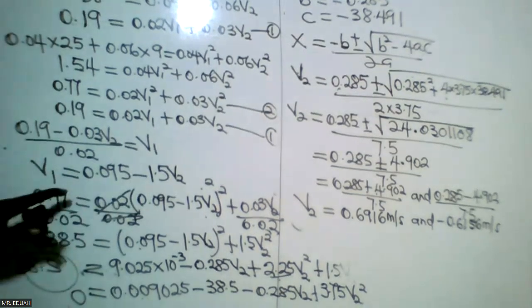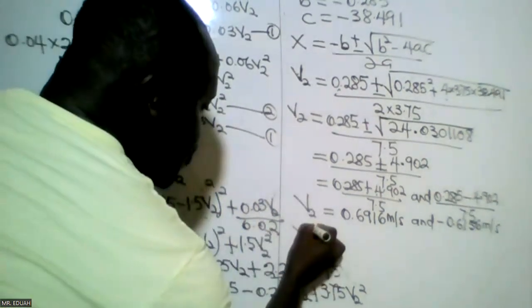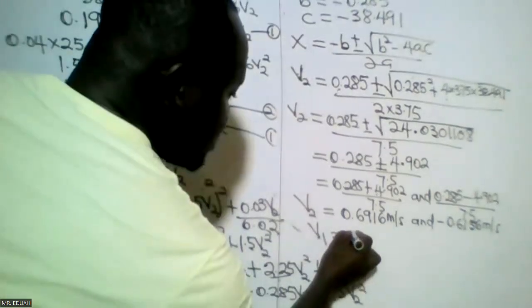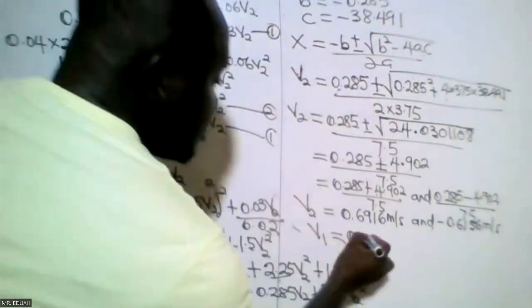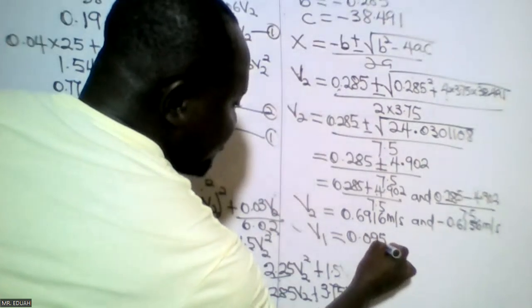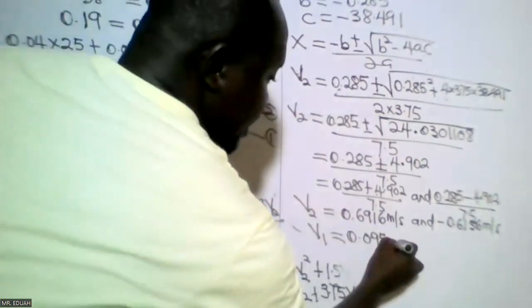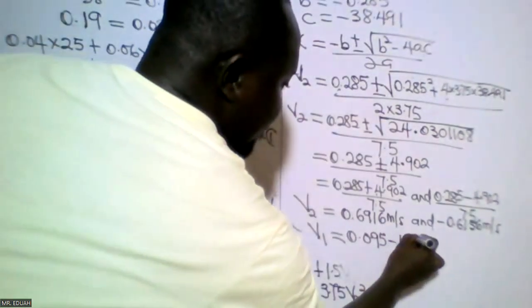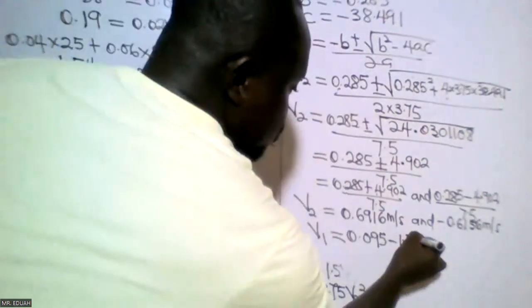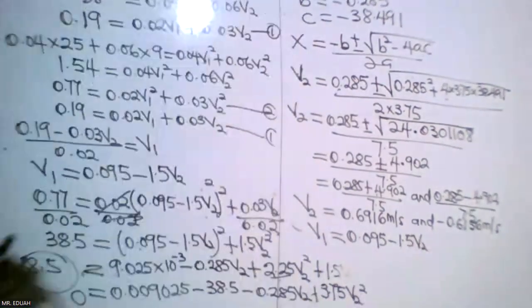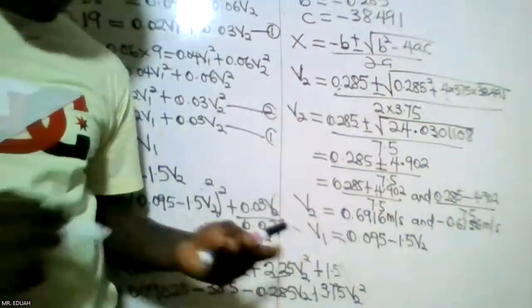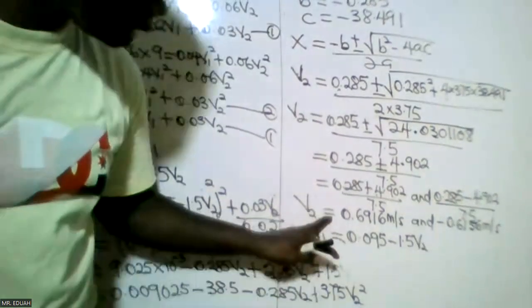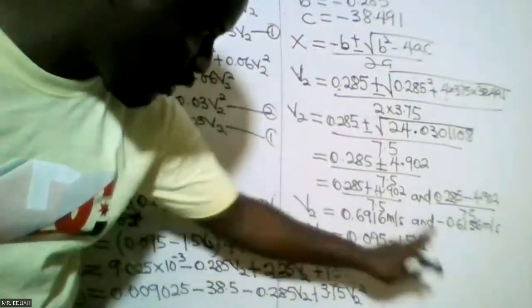Don't forget we got the equation V1 is equal to 0.095 minus 1.5 V2. So once you have V2, use it to find the two possible values for V1.